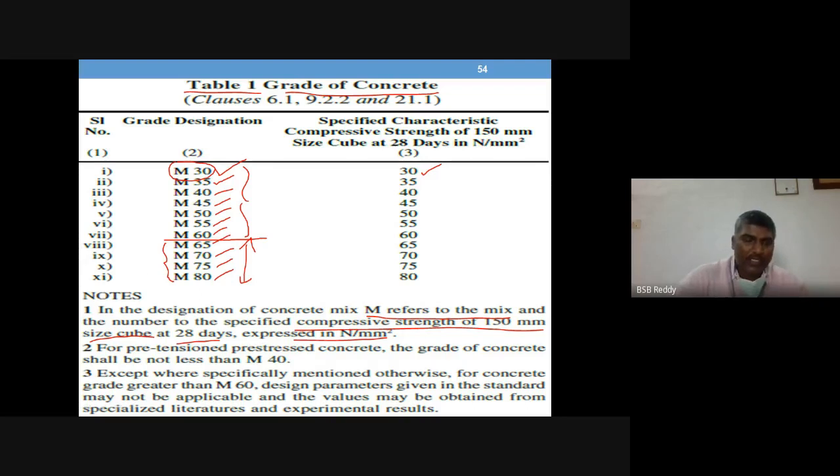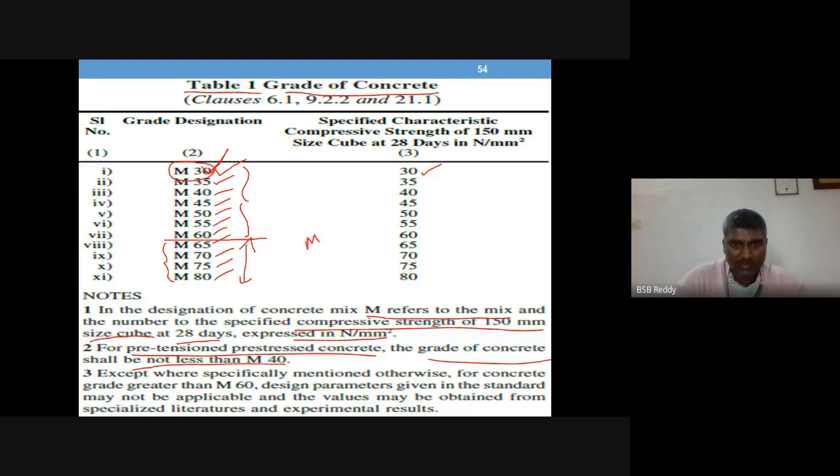Okay. Next, for pre-tensioned pre-stressed concrete, the grade of concrete shall not be less than M40. For post-tensioned it is M30. Shall not be less than M30 for post-tensioned.